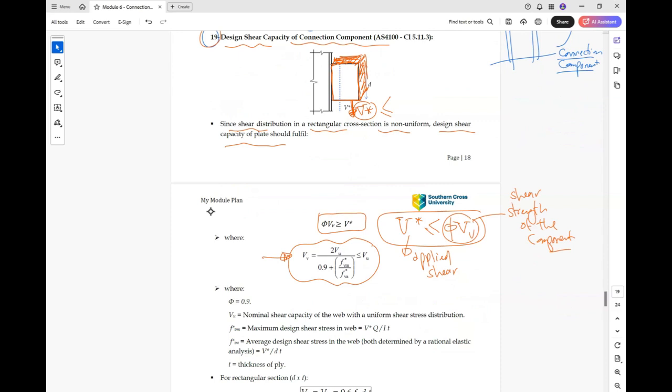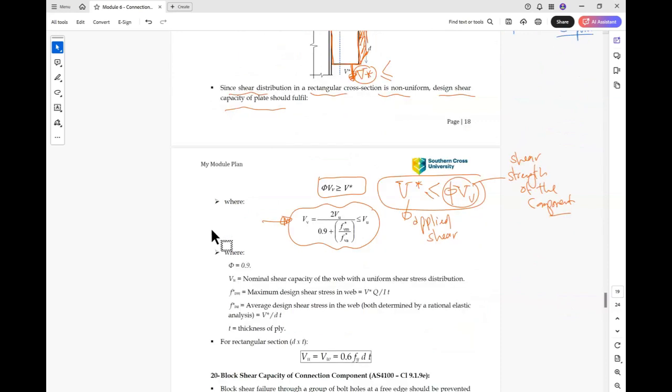So the maximum value of phi V_v is phi V_u, where phi is 0.9. V_u is the nominal shear capacity of the web with a uniform shear stress distribution.